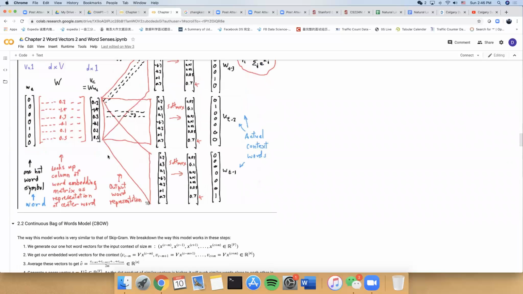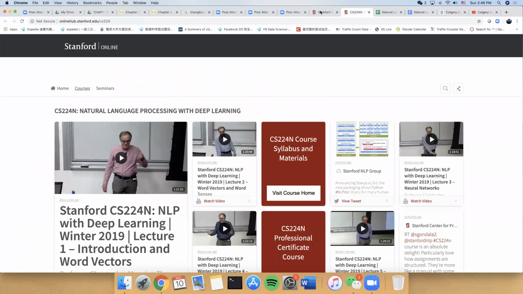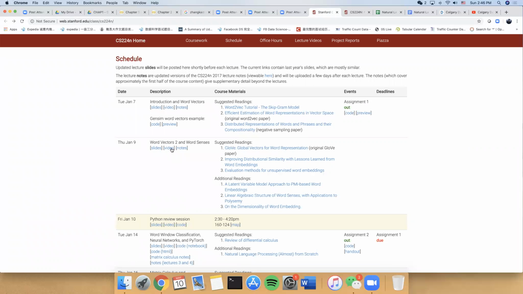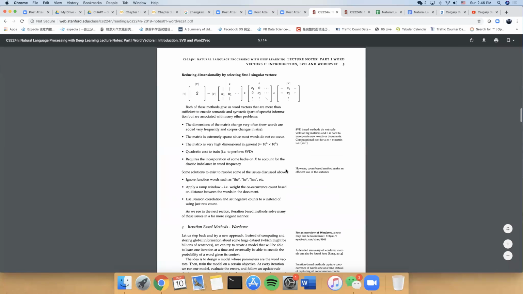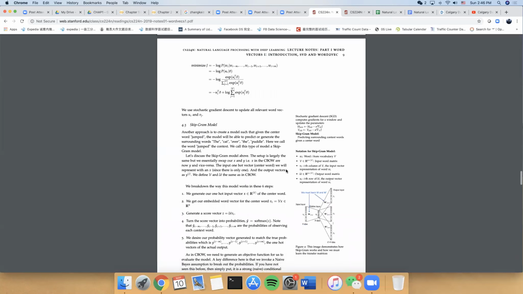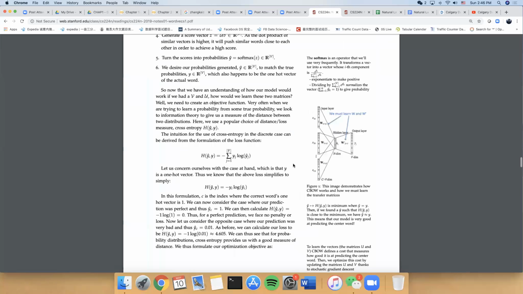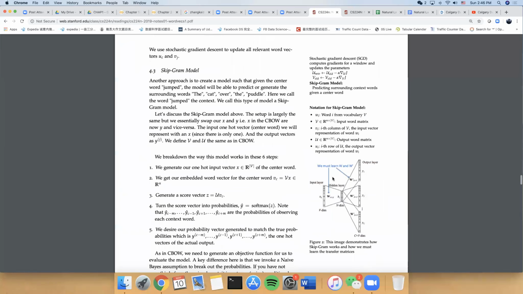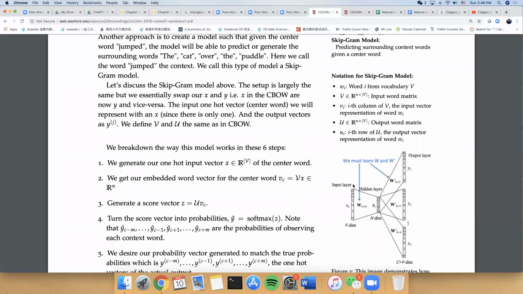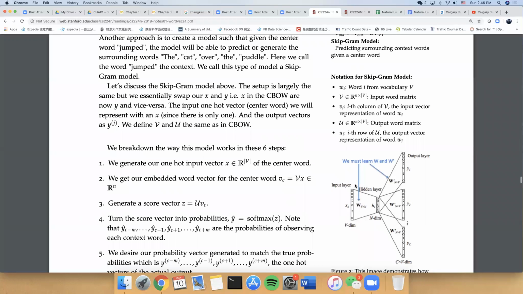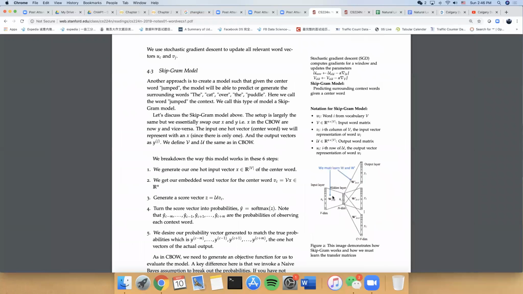So it follows the same logic, and I can show you the graph of that. For skip gram, you only have one x, which is a specific vector, and you have a huge input word matrix.